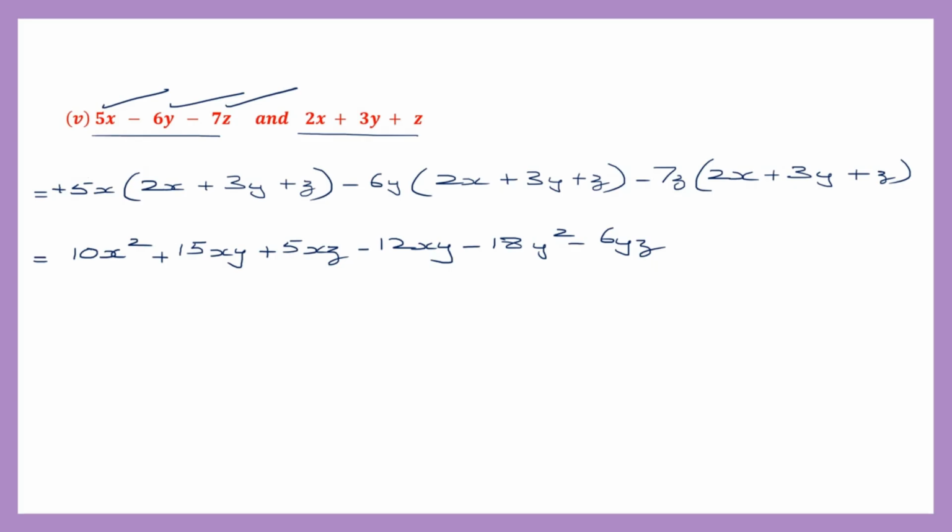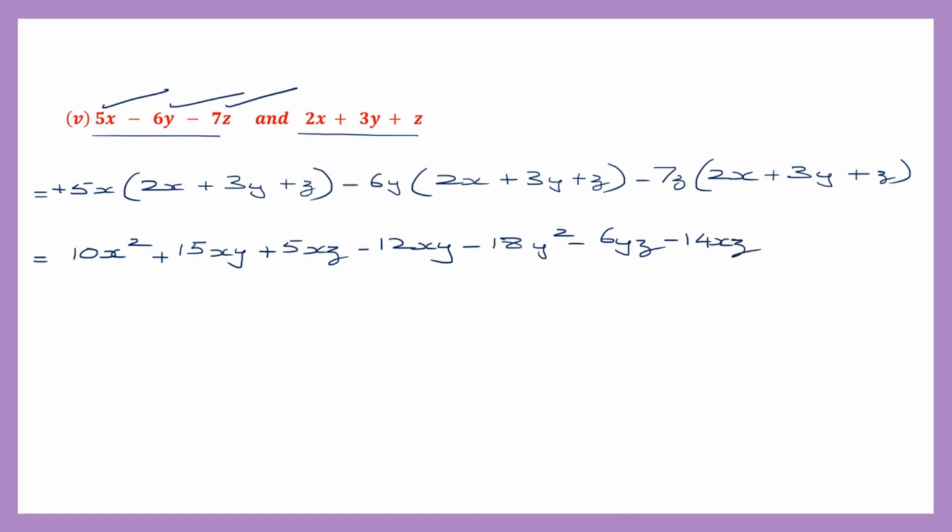Now we go to the third part, minus 7z into 2x. So the sign is minus, the number 7 2's are 14. z into x is zx or xz. So this is minus 14xz.